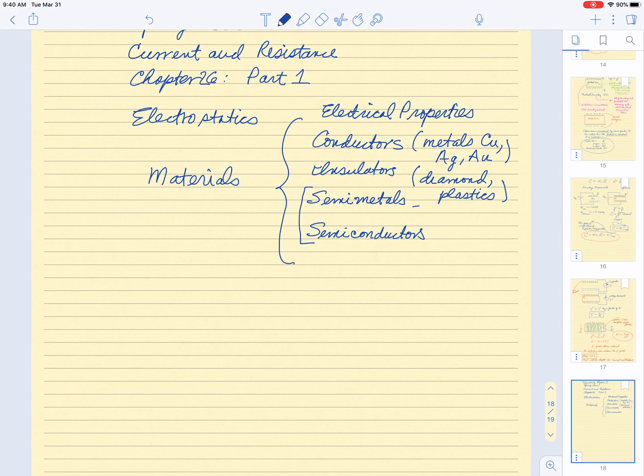Semimetals. So semimetals are an interesting group of materials. If you look at the periodic table, which I urge you to do, the upper right portion of the periodic table primarily contains materials that are primarily insulating. Right? You have the noble gases. You have nitrogen, oxygen, sulfur, the halogens. These are all materials that are basically insulating.